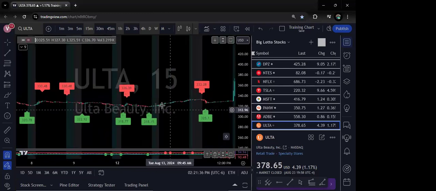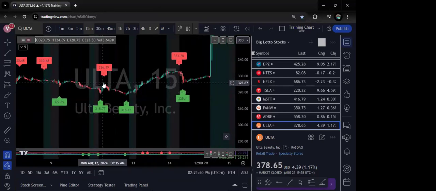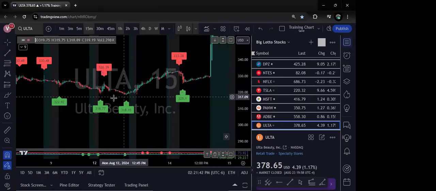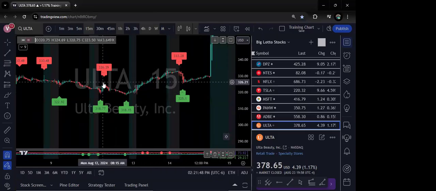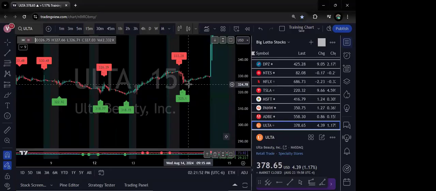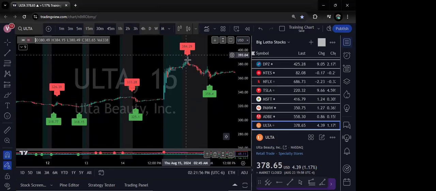So this 13th here, we had the change of character. This was the low, 318, 318. And then the next day, we had a change of character. It closed above this, and then we had a shallow pullback, a higher low. You would have caught this move up, okay?